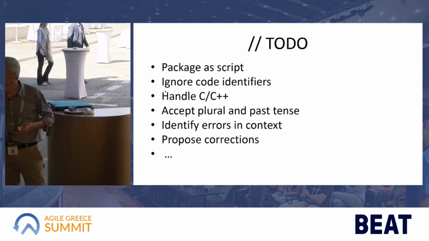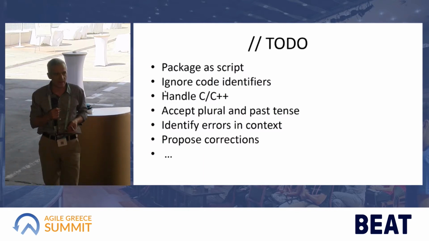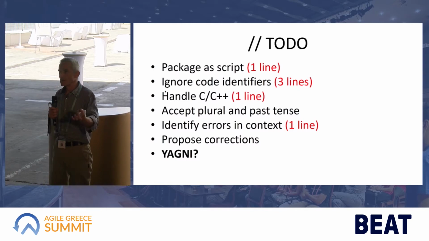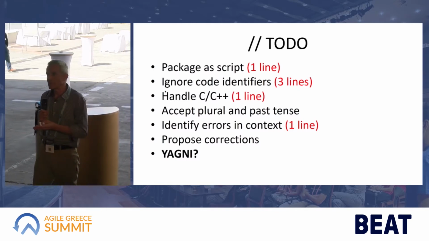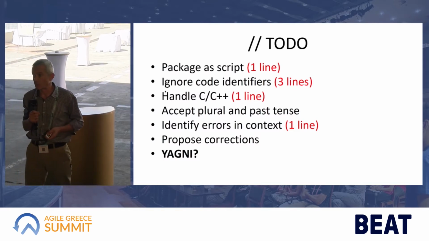Many of these tasks are quite easy to do. So to package it as a script, you just add one line at the beginning. To find identifiers, you can extract them with nm or dumpbin under Windows and pipe them together with a dictionary into the difference program.